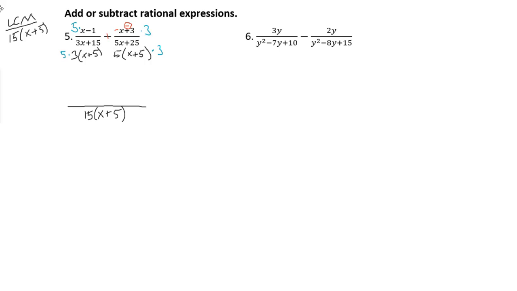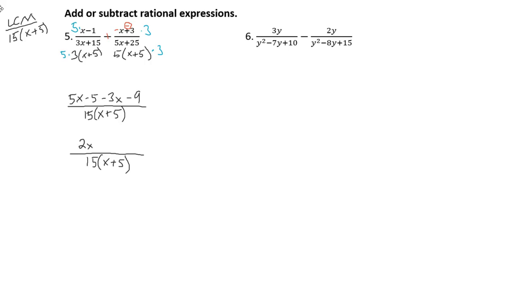And when I distribute that, 5 times x minus 1 would be 5x minus 5. And on this side, that's negative 3x. And a negative 3 times 3 is a negative 9. And when I simplify that, my denominator, of course, would always stay the same. 5x minus 3x is 2x.